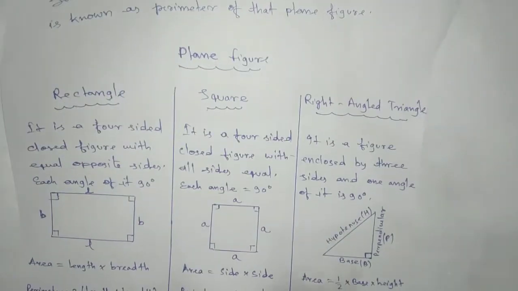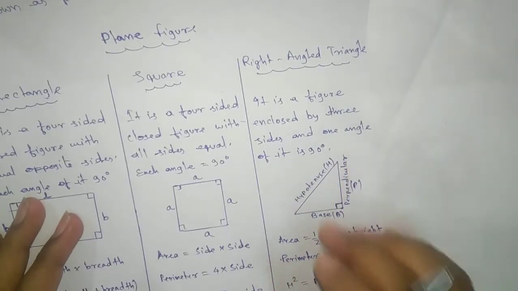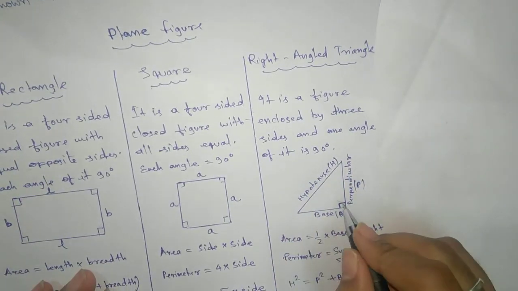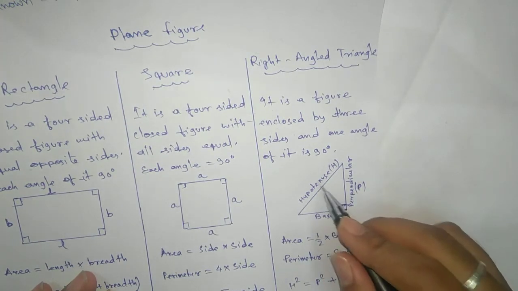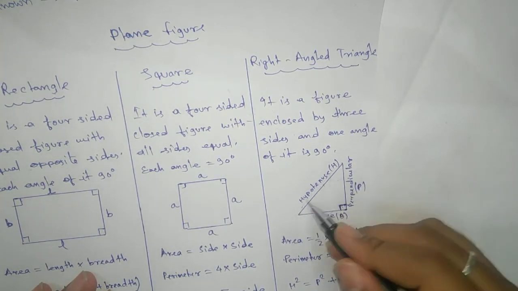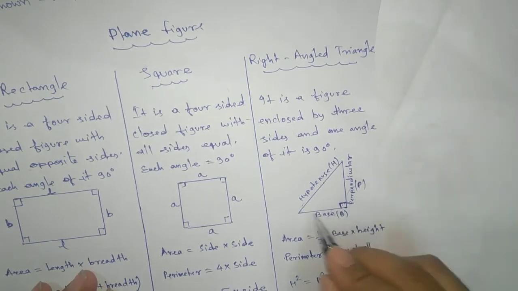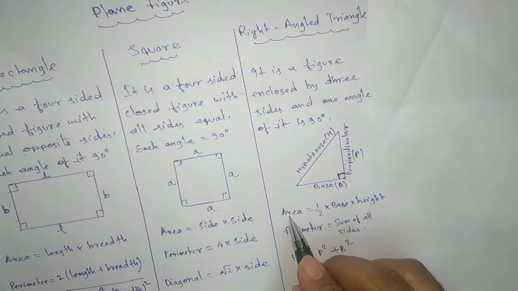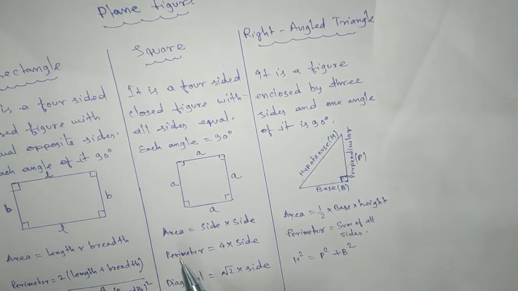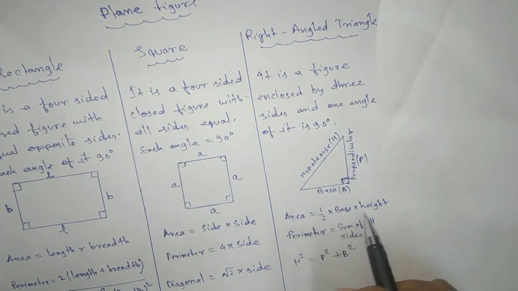Now we'll see the right angle triangle. We have discussed in the triangle, this is one kind of right angle triangle where this angle will be 90 degree, and opposite to the right angle is the hypotenuse. This is your perpendicular, this is your base. The area of a right angle triangle formula is half into base into height, and the perimeter means sum of all sides.